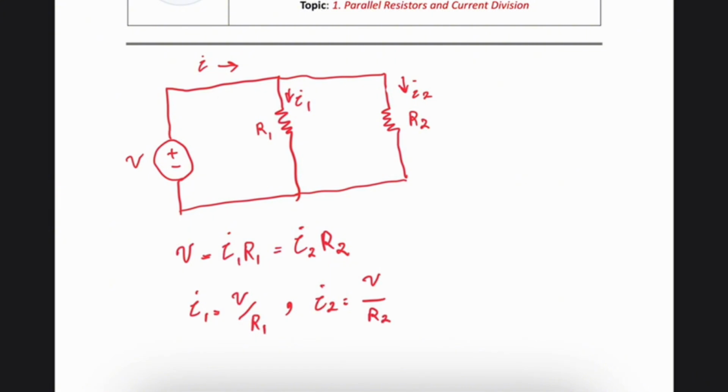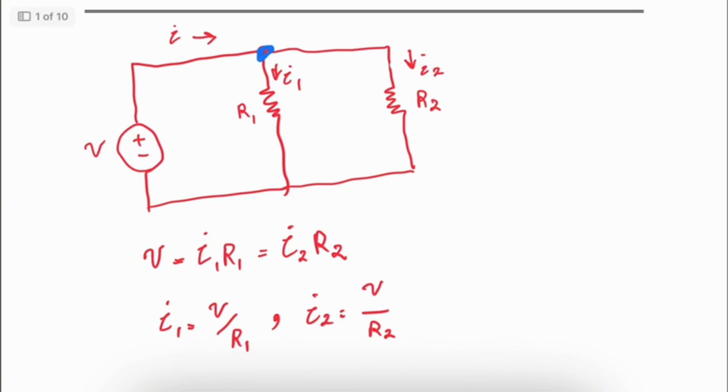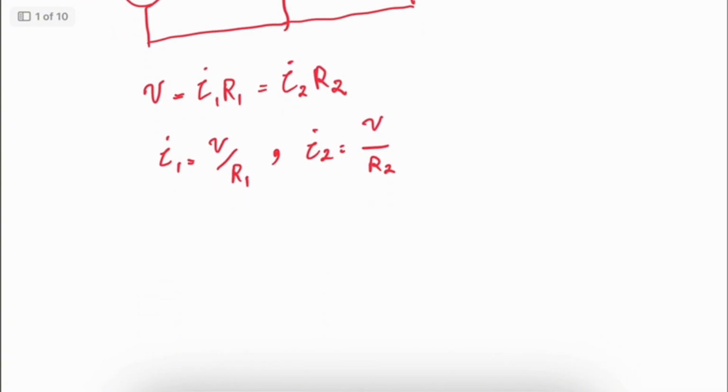Now let's apply KCL at the top node over here. If I apply KCL, I can write I is entering this node, while I1 and I2 are leaving the node. So therefore, I is equal to I1 plus I2.